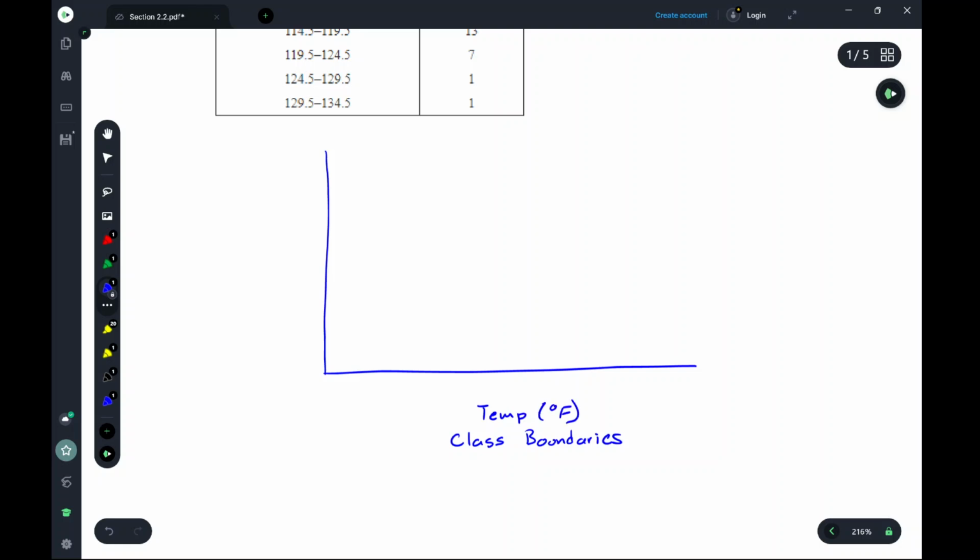So notice I'm using what we're measuring, and the unit that we're measuring in. The vertical axis is always going to be your frequency in a histogram.